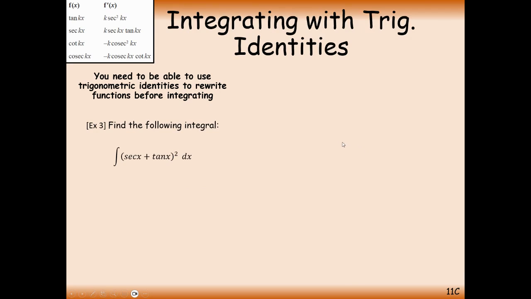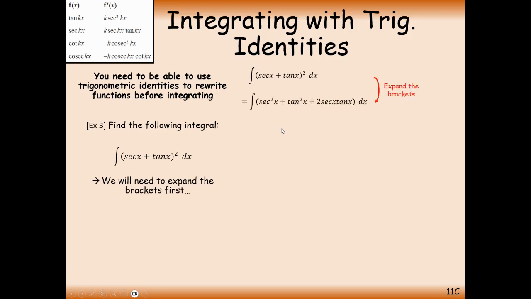This question is asking us to integrate sec x plus tan x all squared. So we are going to simply multiply out the bracket. We will end up with sec square and tan square at the ends of the integral and 2 sec tan in the middle. The order doesn't matter; we will get 3 terms because it's a trinomial. We are going to use the same trick that we did in our first example to get rid of tan square. We can replace tan square with sec square minus 1.